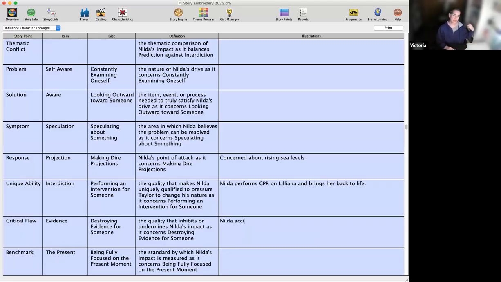So Taylor had the suspicion of who destroyed everything, and everything was pointing to Liliana, but Nilda accidentally throws everything out.